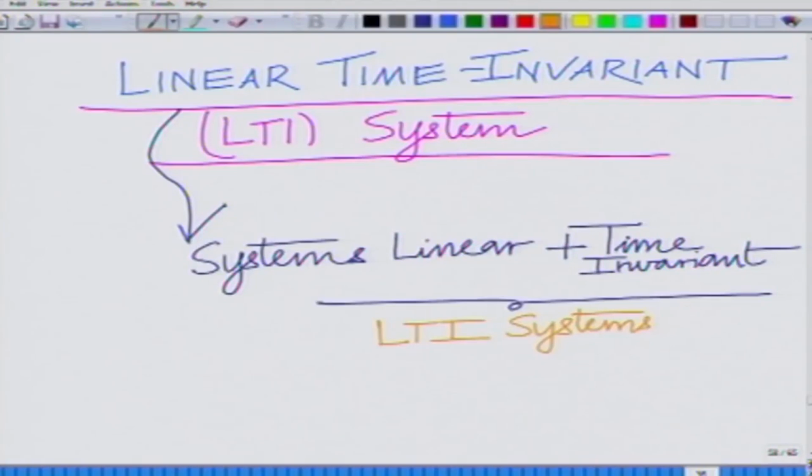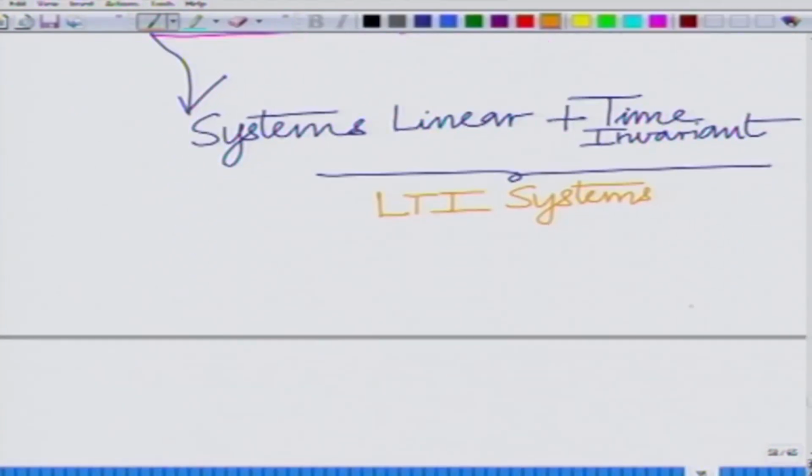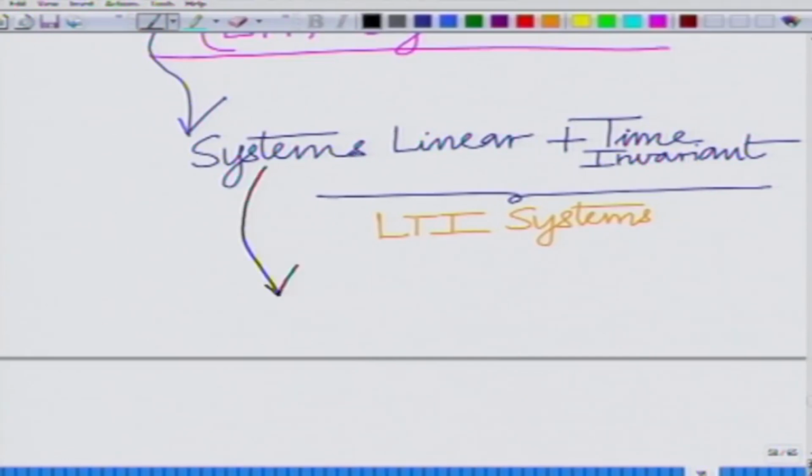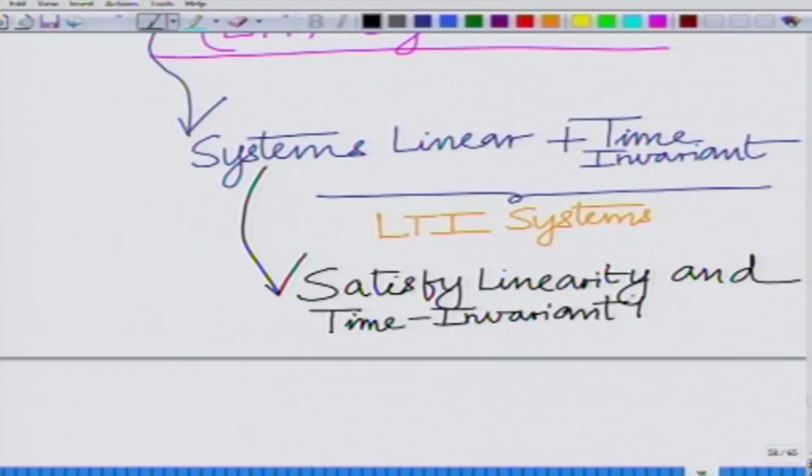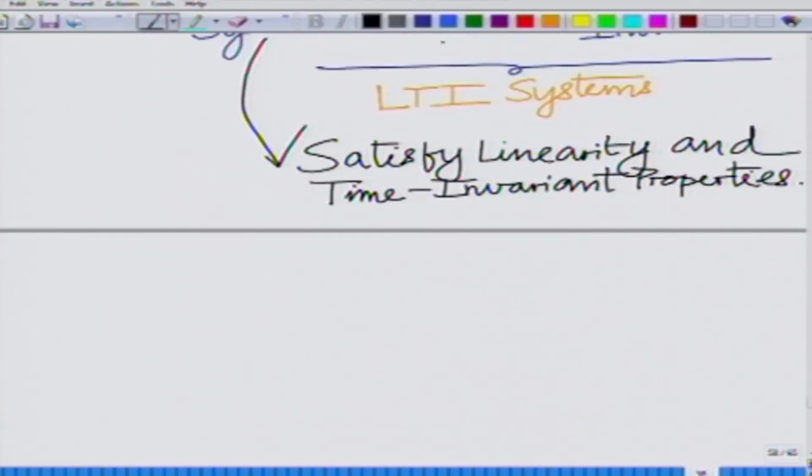Systems that satisfy linearity and time invariance properties are the type of systems which we will most frequently encounter and most readily analyze. So these are a very important class of systems.